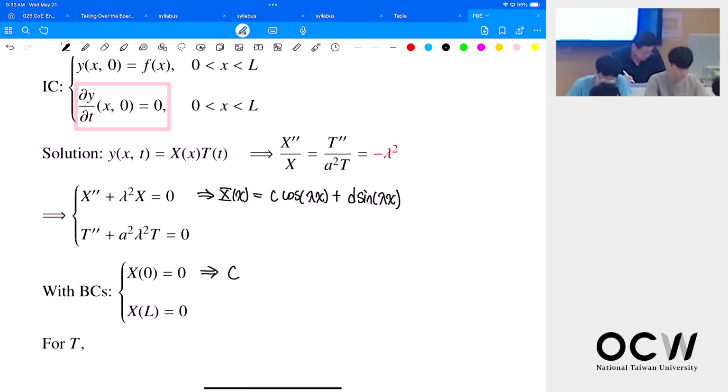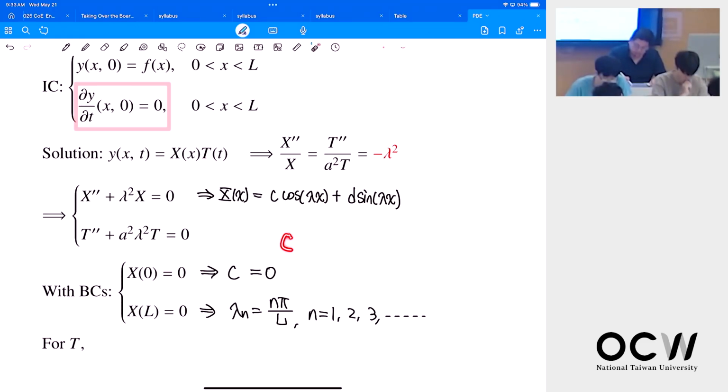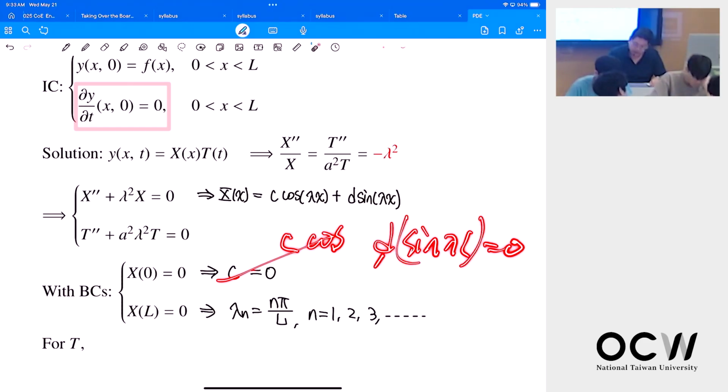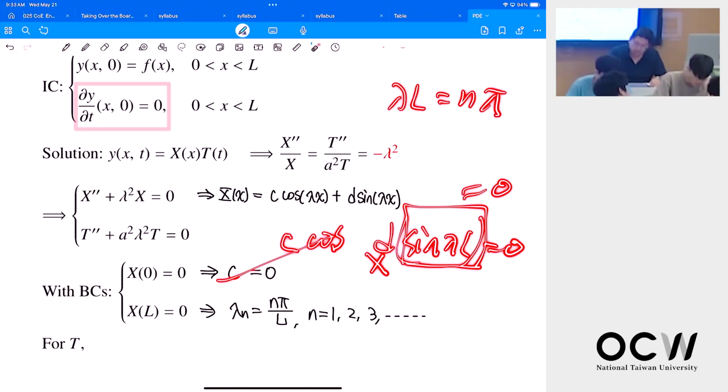And then the second boundary condition gives you lambda n equals n pi over L, and n is from 1, 2, 3 to infinity. Because C is 0, D sine lambda L equals 0. D cannot be 0, so only sine lambda L must be 0. So lambda L should be n pi. That's why lambda is n pi over L.